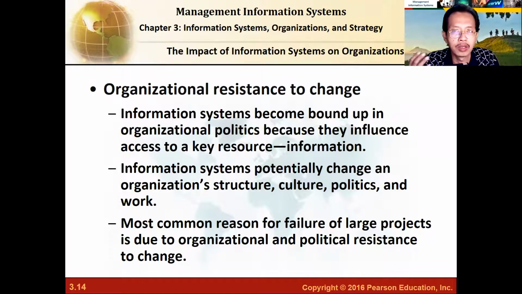It needs work to do, and it needs adjustment. And people tend to not change. So that's why there's always resistance to change. Now, you have to change together the structure of the organization, also culture, politics, and how the organization works, because those would be affected by the information system.